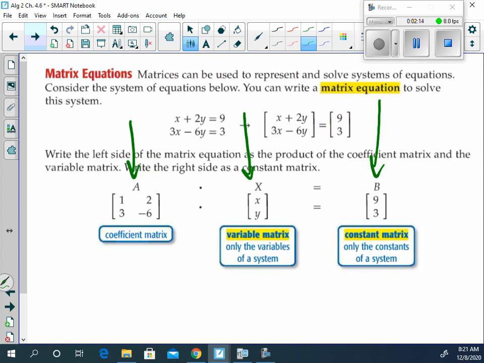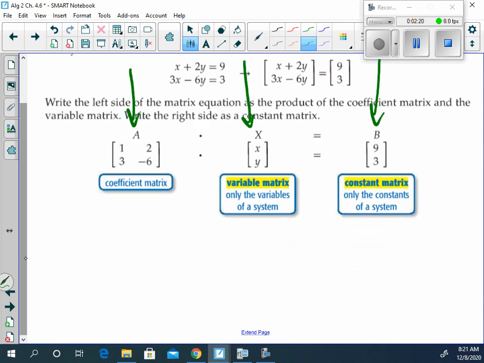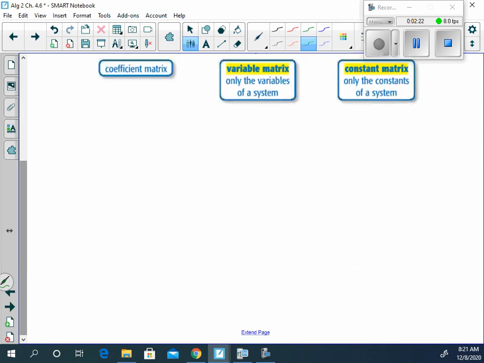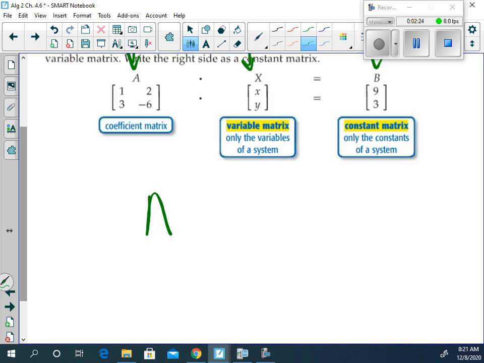We'll call it the constant matrix. And we have this here. Now, in a more general sense, what this is saying is that I have matrix A times our xy is equal to matrix B, our solution. Yes?